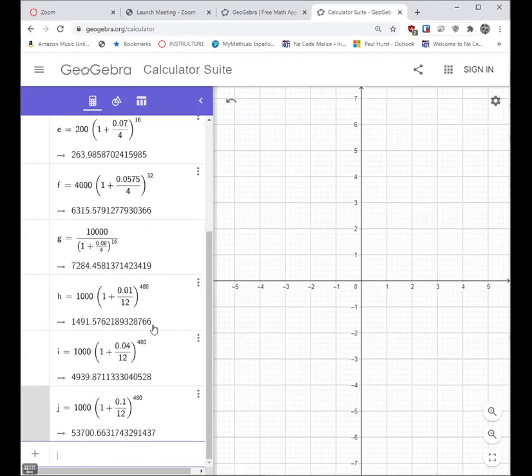And here you see $53,700. Okay, so what's the difference? There's a big difference between, let's say, 1%, which is this 1491 stuff, and 10%, that's $53,700. That's a lot more.